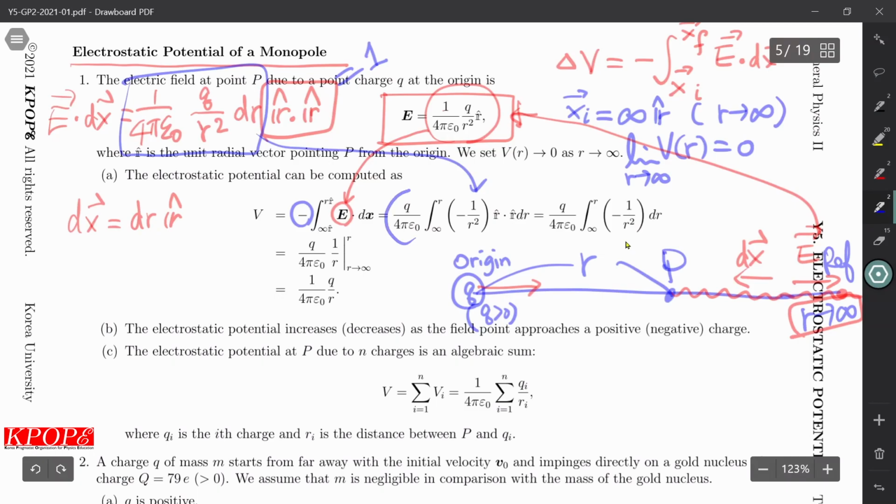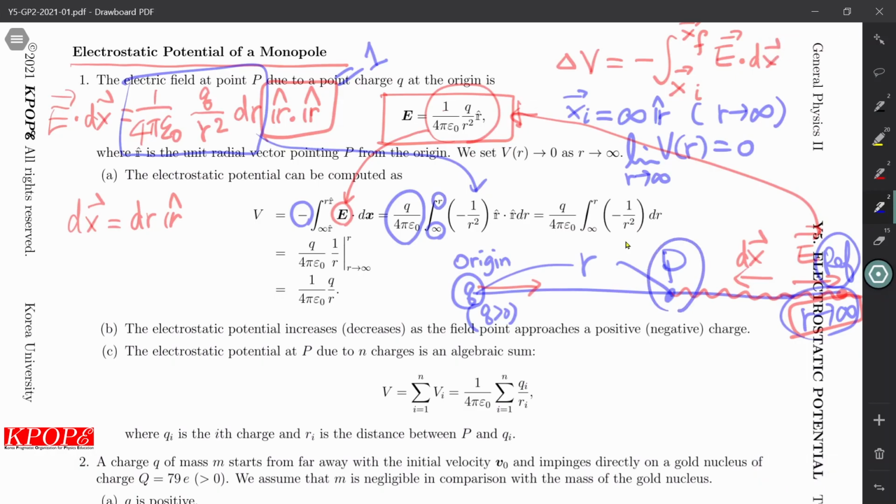The constant comes out of the integral, and the integration is from the reference point at r goes to infinity to the point P that has distance r from the origin. This negative sign multiplies 1 over r squared to give minus 1 over r squared.